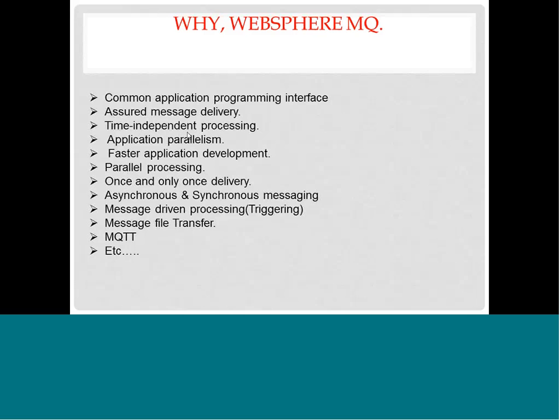The next one is application parallelism. Application parallelism means one application can communicate with multiple other applications in parallel. So I am sending a request to verify the account details, because I want to know the account information. When it reaches the destination application, it has to send it to multiple backends, which are different business applications.